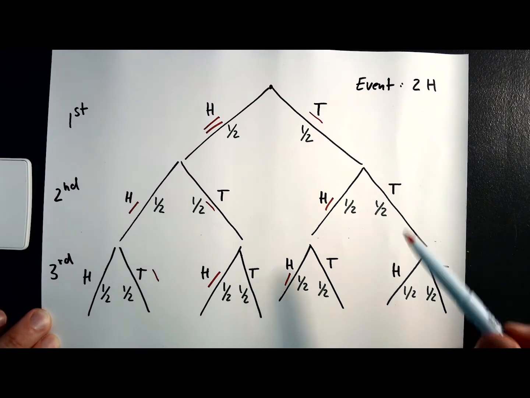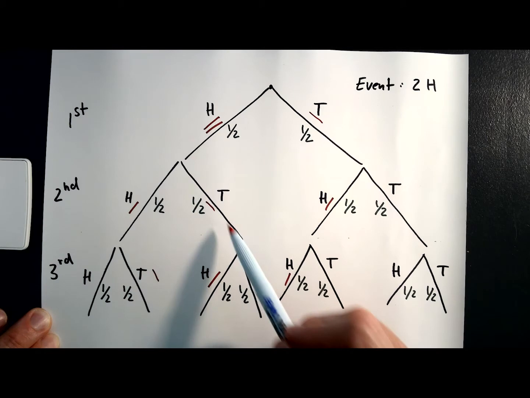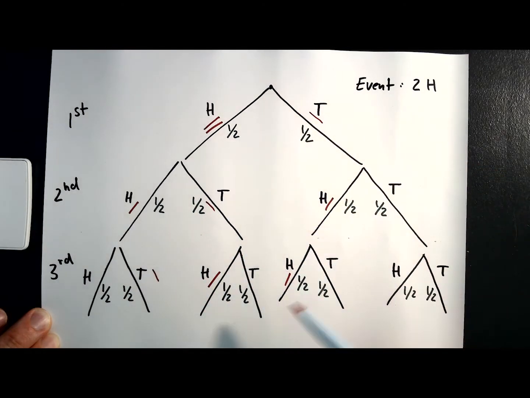So basically there are 3 paths for obtaining exactly 2 heads.